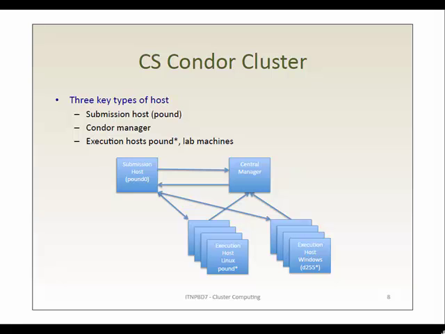The submission host is in contact with the whole cluster manager and finds out what nodes are available. You've got a whole bunch of nodes that are running away. So these are the lab machines, the Unix cluster. When they fire up, they contact the central manager and they say, here I am, I'm available to do the work, let me know. So the submission host negotiates with the central manager, says, I've got a job, and then it tries to match the job that it's been given with the capabilities of the node.